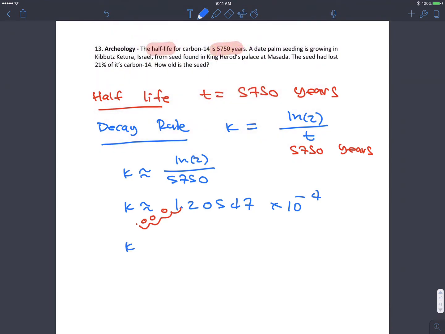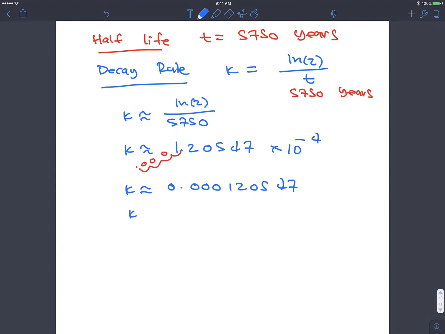So we got k to be approximately 0.000120547. So this is the decimal representation. We're going to have to approximate this. Let's go out to the 100,000ths. This is our decay rate.